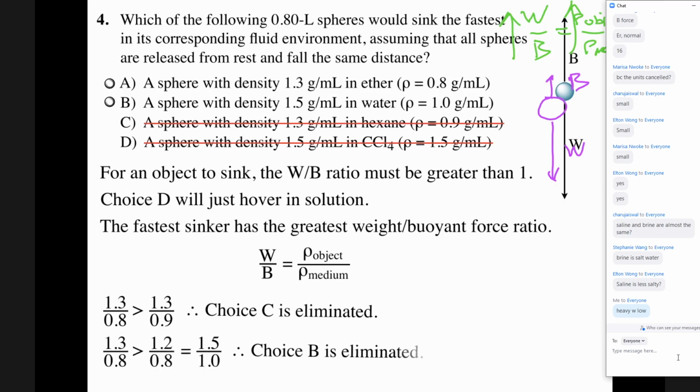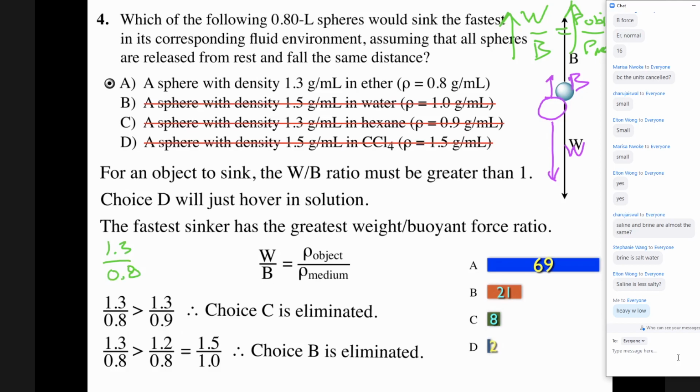So here's the tricky one. How do I know that mathematically? I mean, how many know that that's true? So a couple different ways to solve this. I'm trying to figure out whether 1.3 over 0.8 is greater than or less than 1.5 over 1.0.